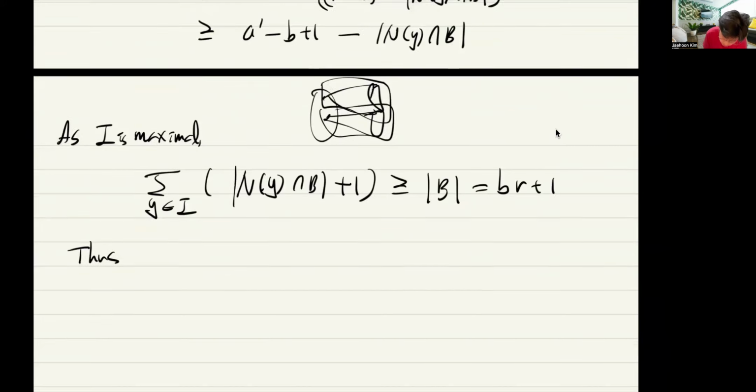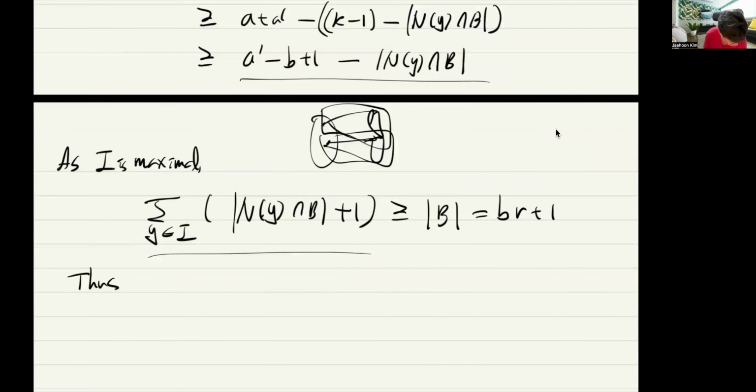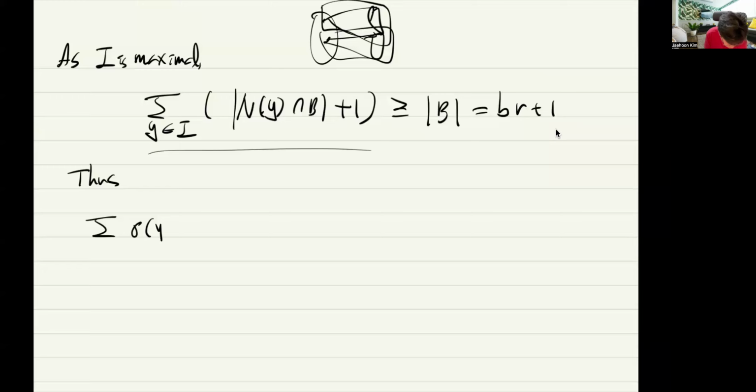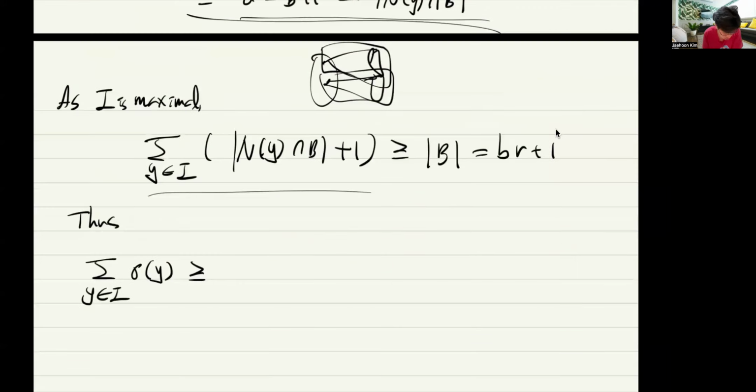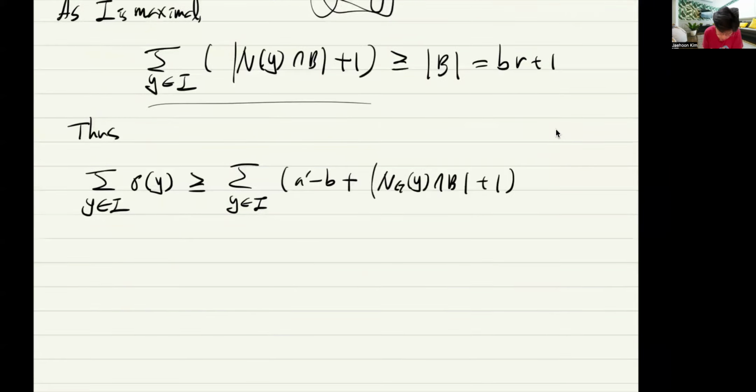Then what do you know? From here and here, you take all the vertices in I, and then you add sigma B. Then using this, it is like A prime minus D plus the number of neighbors in B plus 1.